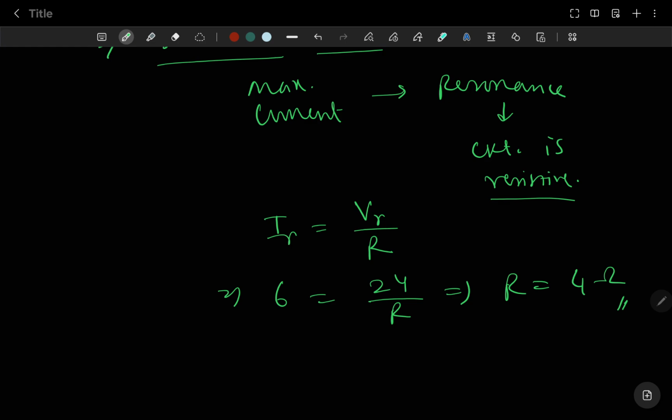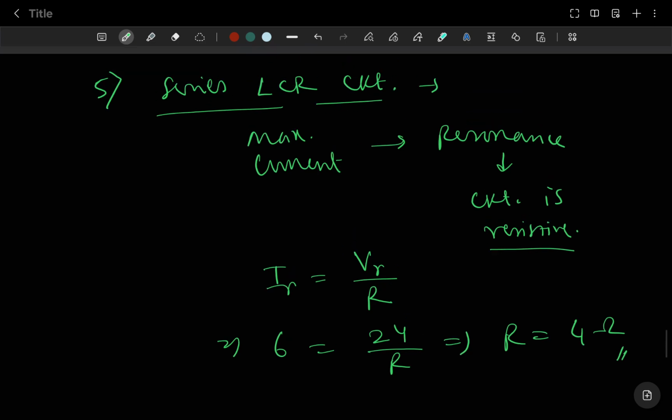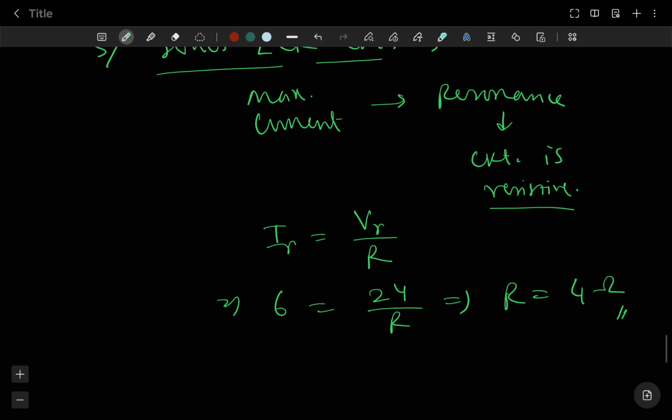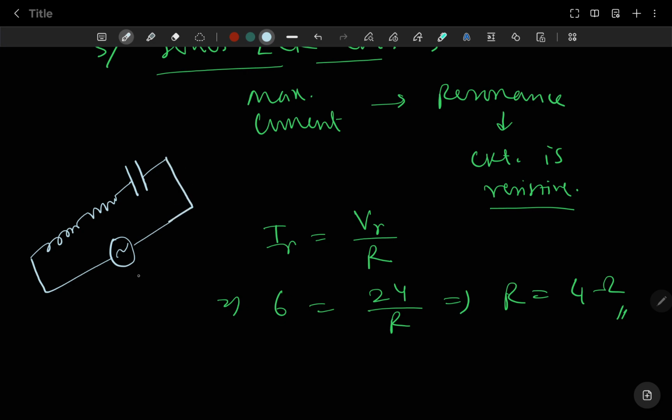Now it is told the inductor coil is connected to a battery of EMF 12 volt and internal resistance 4 ohm. Actually here in this problem you have to understand this thing. So here this is inductor and resistance, and this is capacitance, series LCR circuit. It was connected like this with this 24 volt supply.